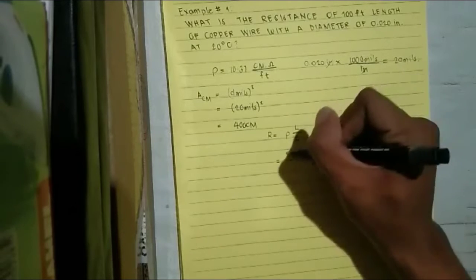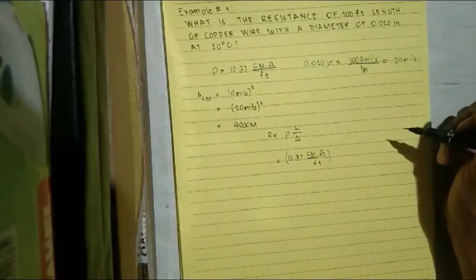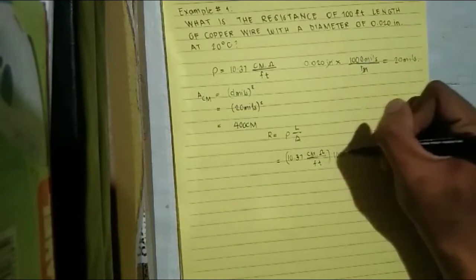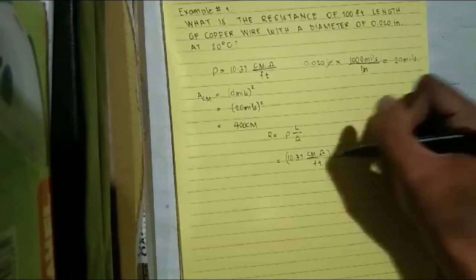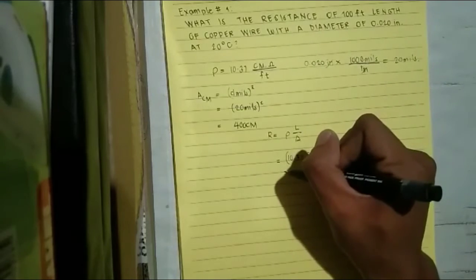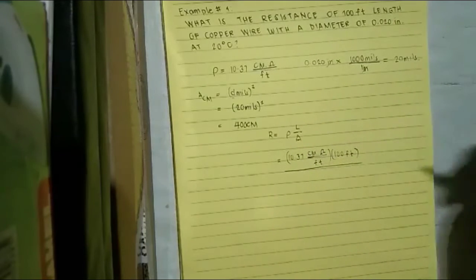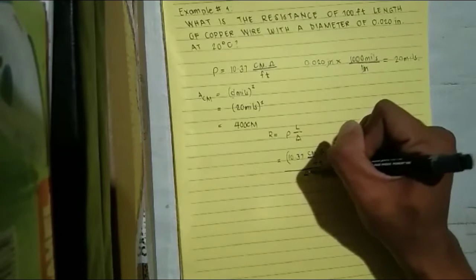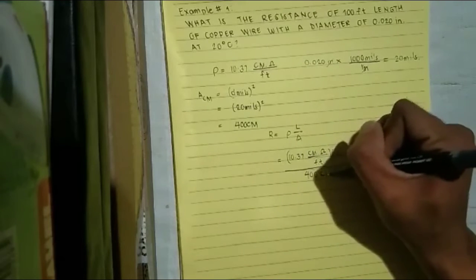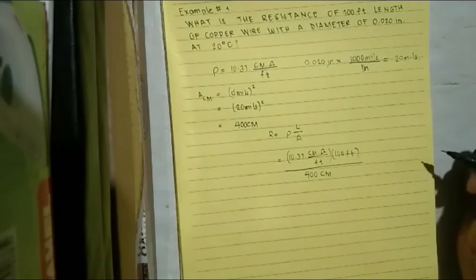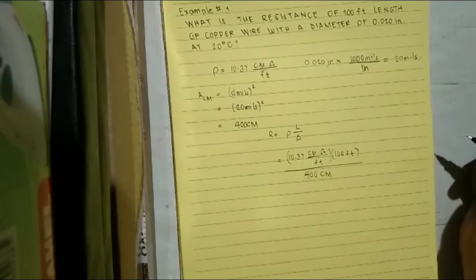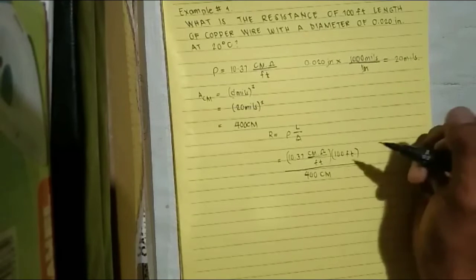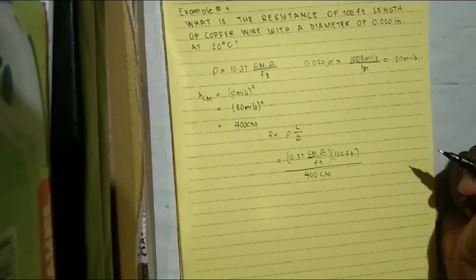Multiply lang natin sa length natin na 100 feet, all over yung area natin na 400 circular mil. So, ang lalabas na unit dyan ay 2.59 ohm.